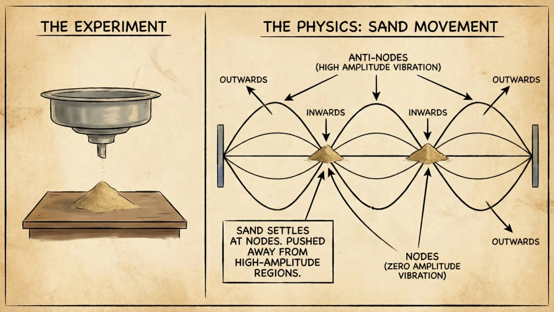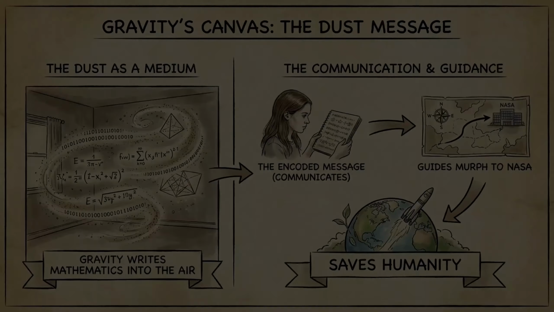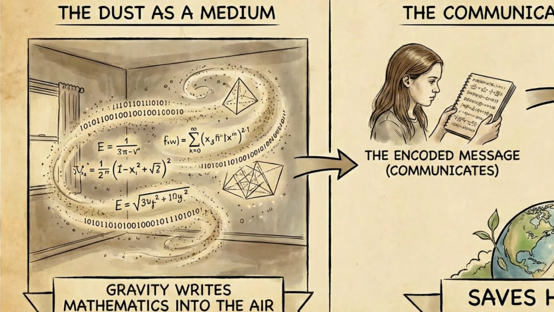The sand is pushed away from high-amplitude vibration regions. Here, dust moves away from high-curvature space-time regions and settles in regions of minimum curvature fluctuation. The dust becomes a medium, a canvas. Gravity writes mathematics into the air.